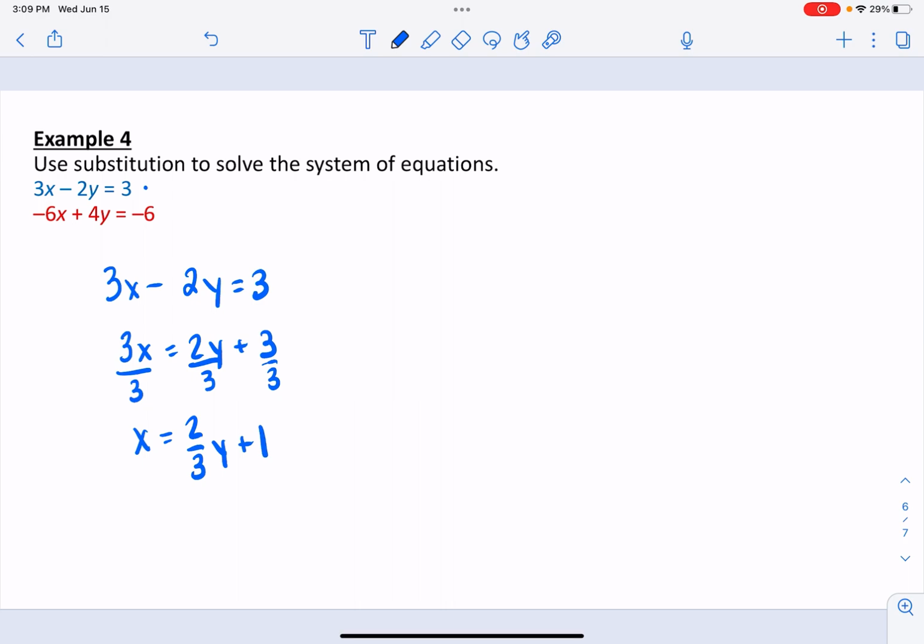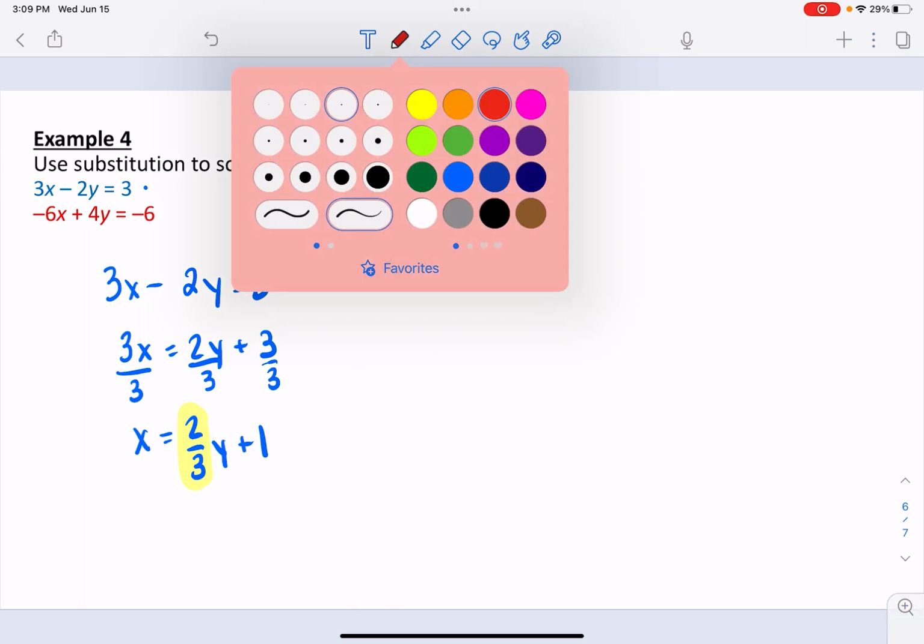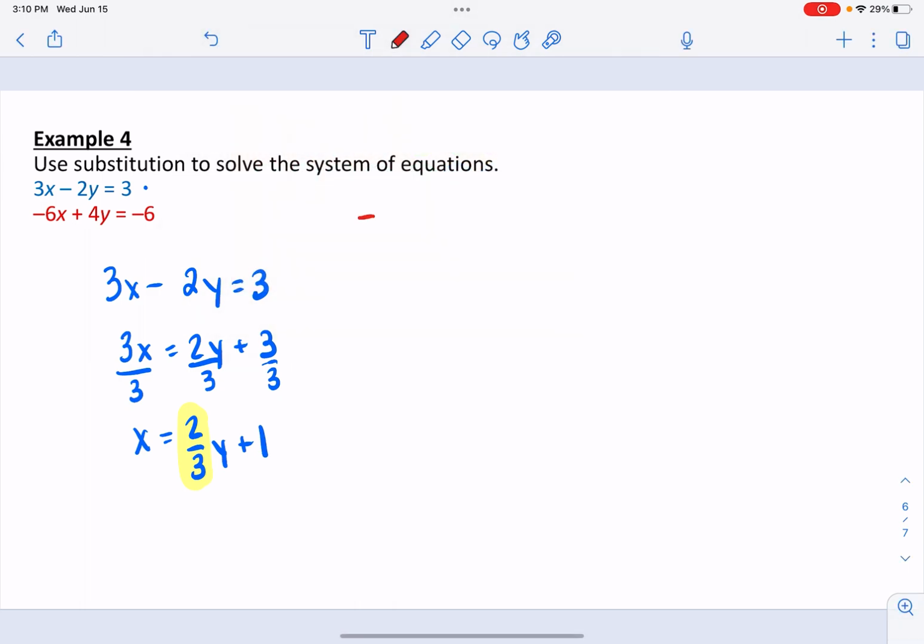Now, using substitution, you want to try to avoid this happening. Sometimes it's just going to happen. But you want to try to avoid it, because many students don't like working with fractions. We're going to substitute this into the other equation.